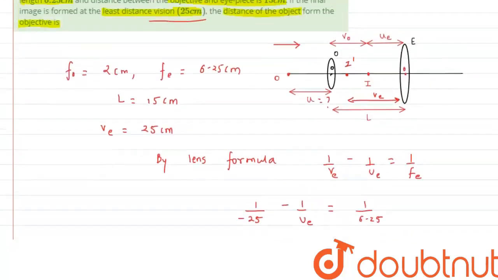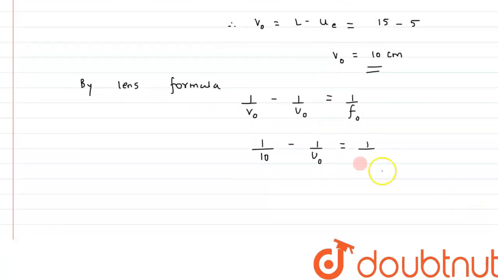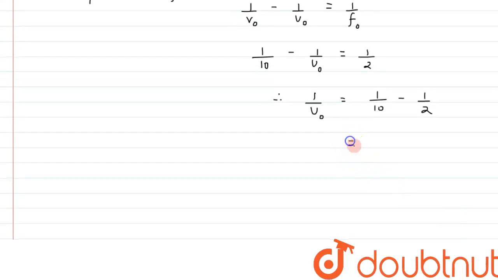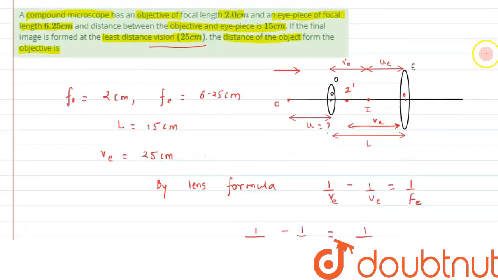The focal length of the objective has been given as 2 centimeter, so here it is 2. Therefore 1 over U naught equals 1 over 10 minus 1 over 2, and this comes out to be minus 8 by 20. Therefore the value of U naught comes out to be minus 2.5 centimeter. Here the minus indicates that the object distance is towards the left. Alright, so this is the answer to this question.